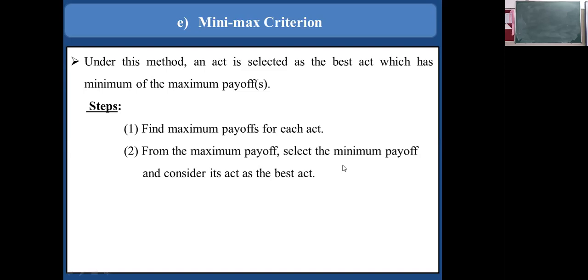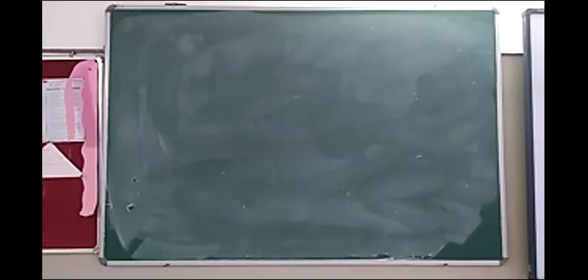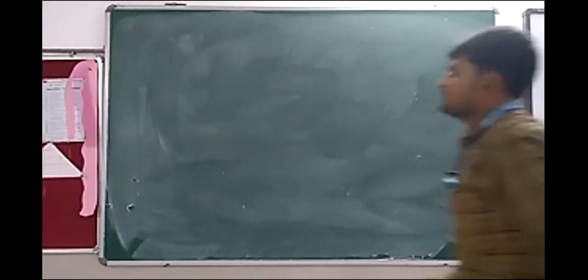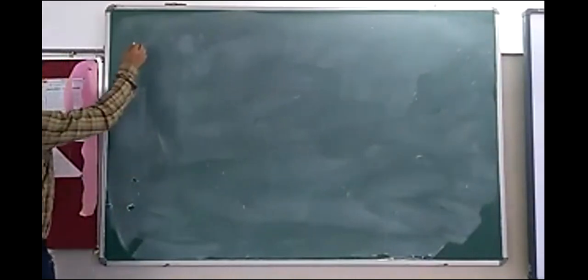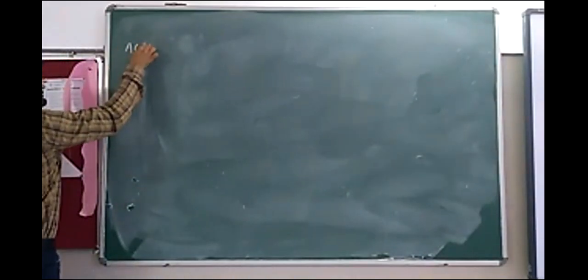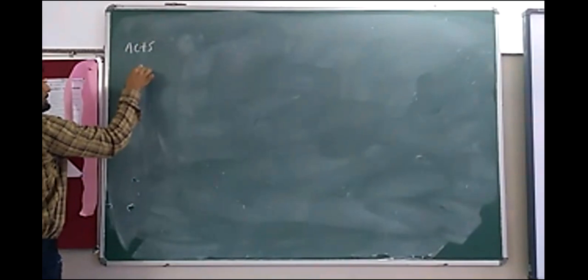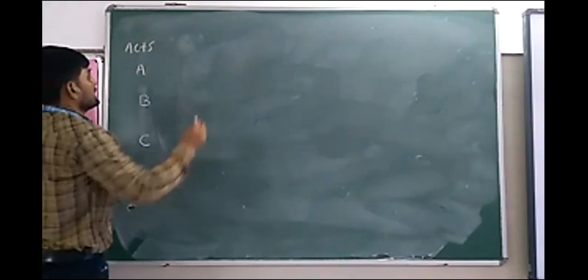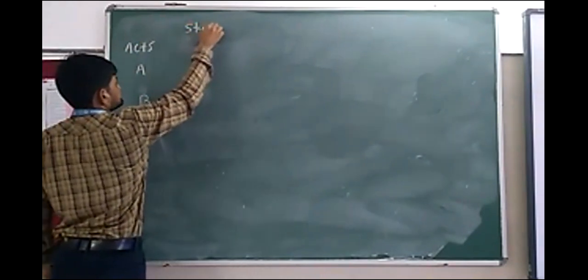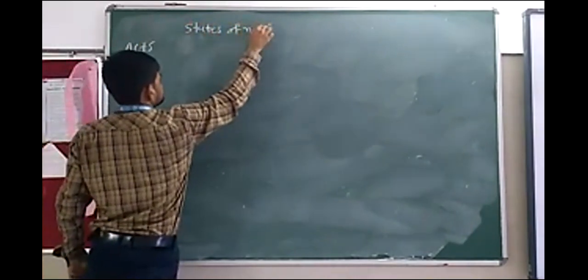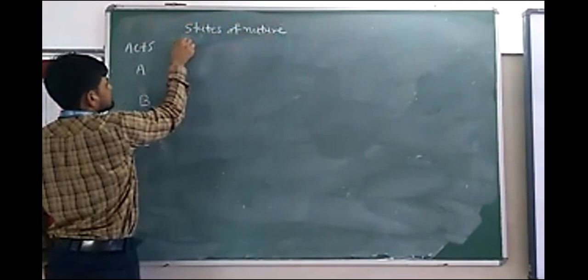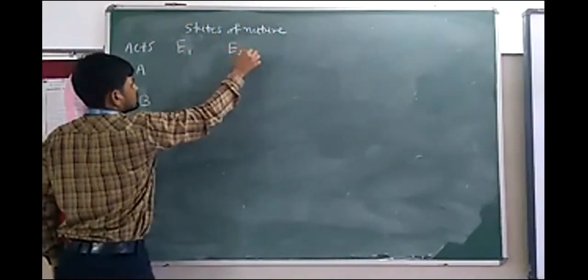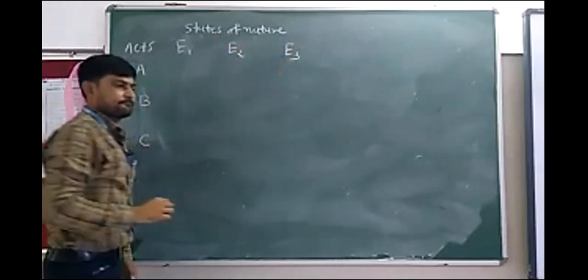So let me show you a practical question so that you can understand it very easily. For example, we have a question where we have acts A, B and C. At the same time, we have states of nature, that is E1, E2 and E3.